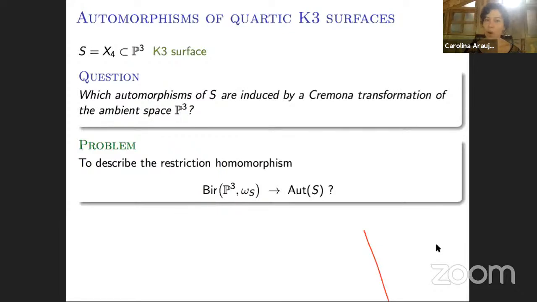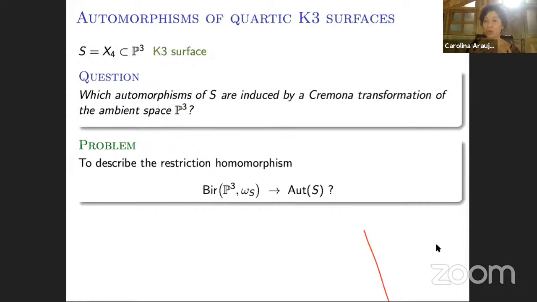So the homomorphism would just take everyone to the identity. But there are other examples where the group is super complicated. It could be a free product of cyclic groups, but still every element is induced by a Cremona transformation. So it is not clear yet what the ultimate answer should be.